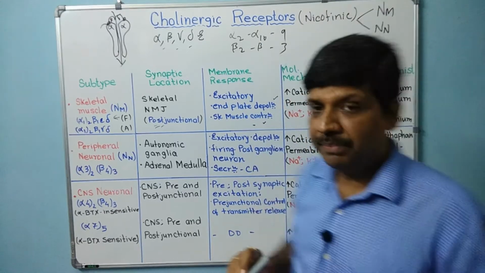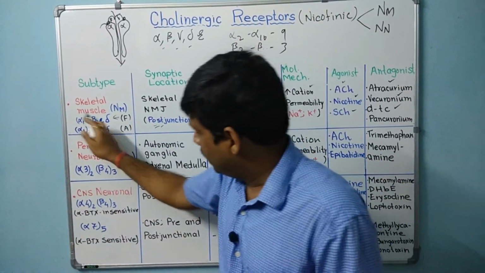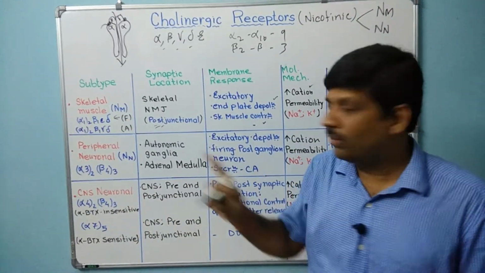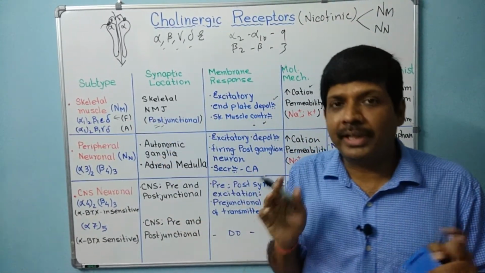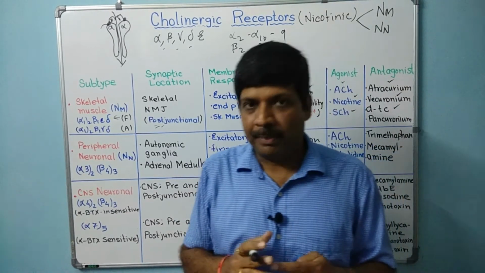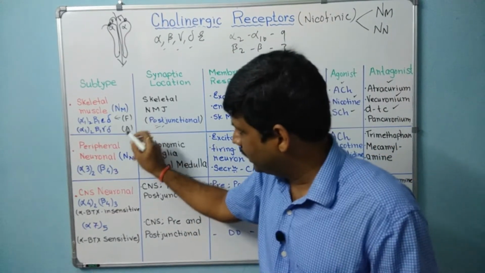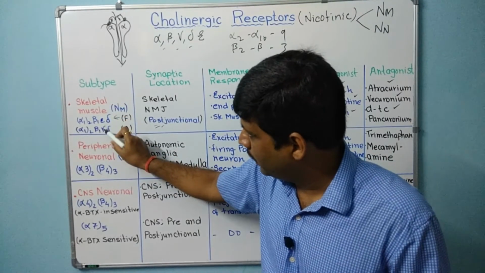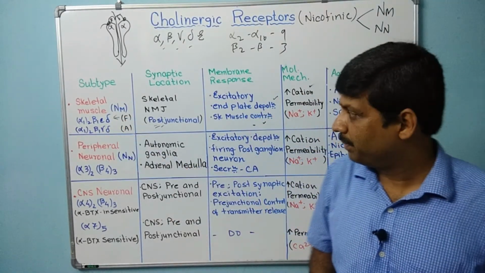So they are configured like this in innervated fetus or denervated adult muscles. Whereas for adult, the only difference is the gamma. Epsilon is not there, in its place there is gamma.